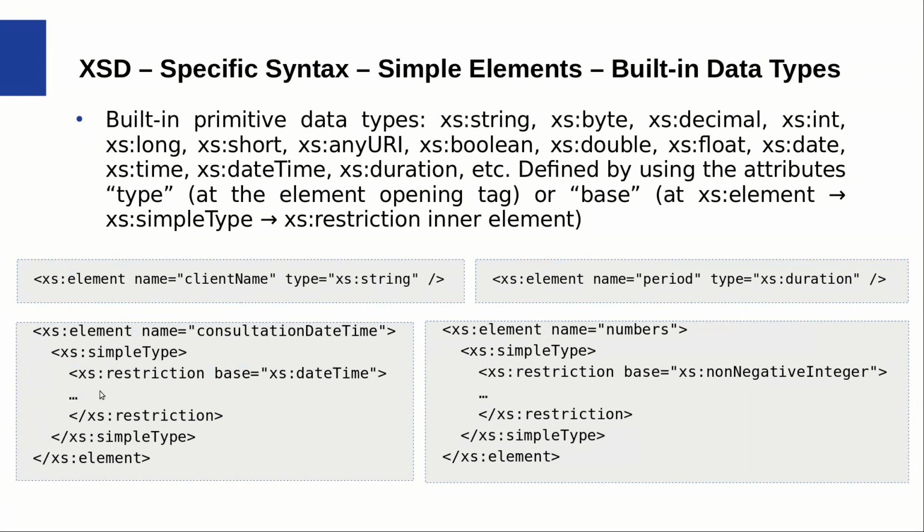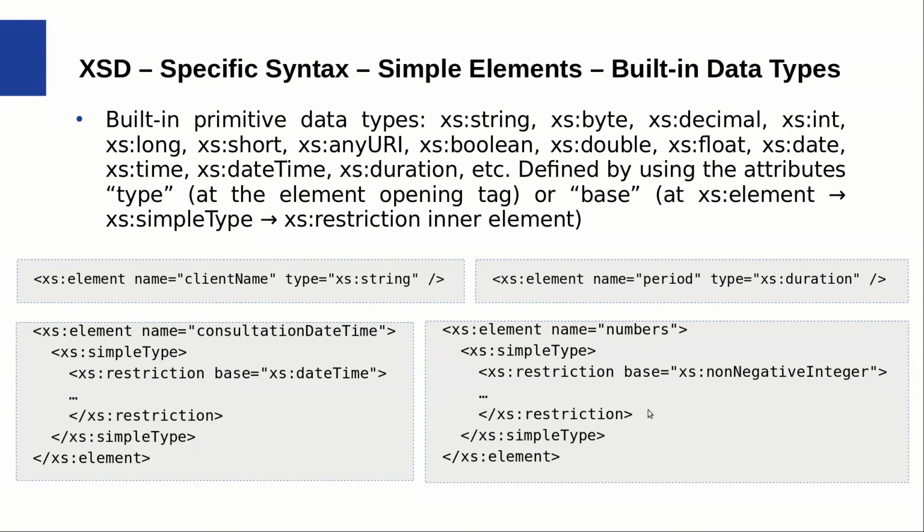In this case, we didn't use any facets, so we could also declare this same element using an inline format. The only time you are forced to use the extended declaration is when you intend to use facets or additional constraints other than the type itself.